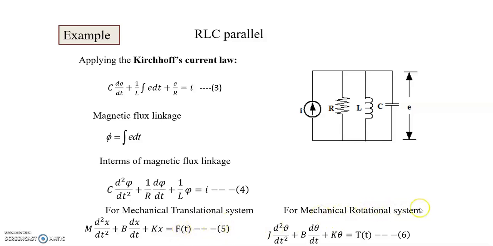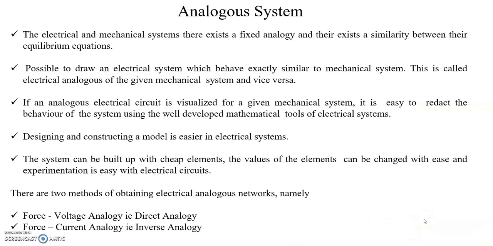Similarly for the mechanical rotational system, you write the equation: J d²theta/dt² plus b dtheta/dt plus k theta is equal to T(t). Name it as equation number 6. Next, analogous systems. What is an analogous system?